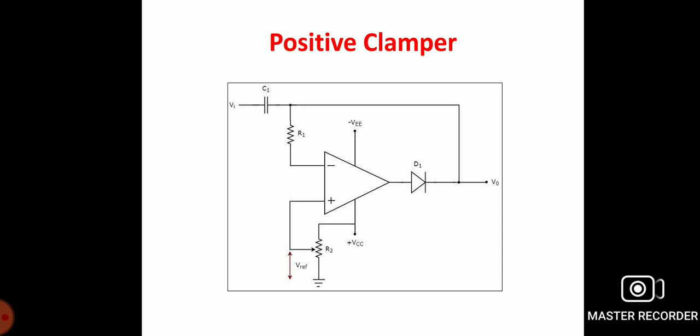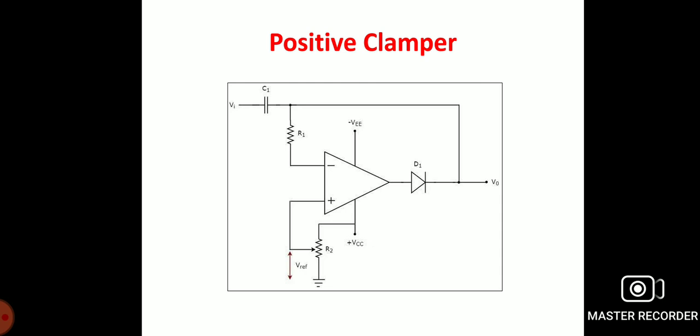In this circuit, a sinusoidal voltage signal Vi is applied to the inverting terminal of an operational amplifier through a network that consists of a capacitance C1 and a resistance R1.